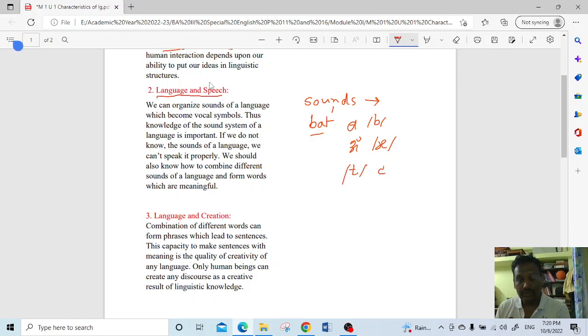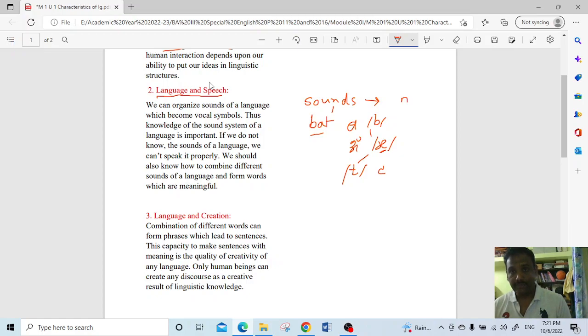So b, a, t, these are the sounds used in producing words in English language. So the same a can be used in different words.